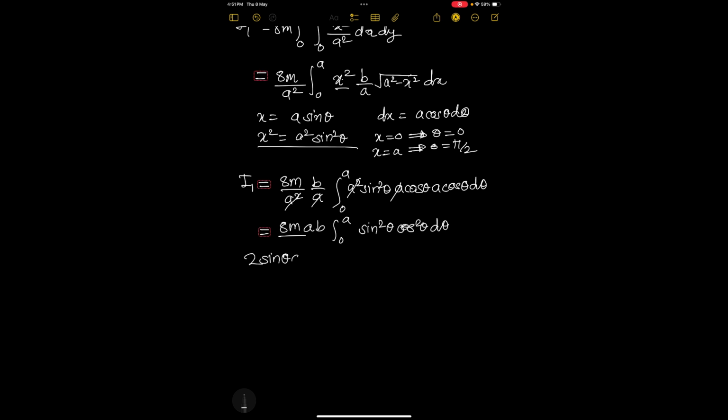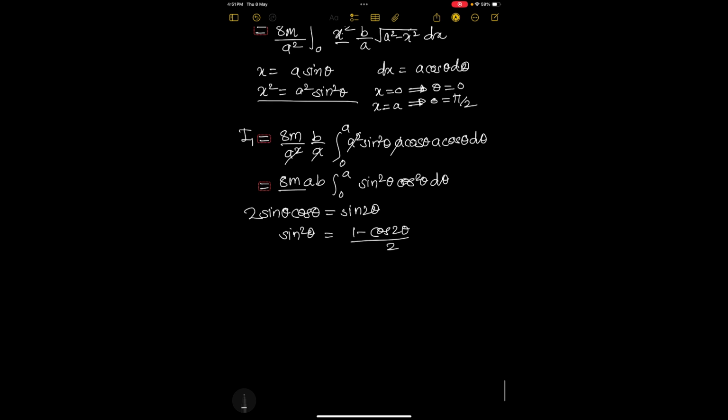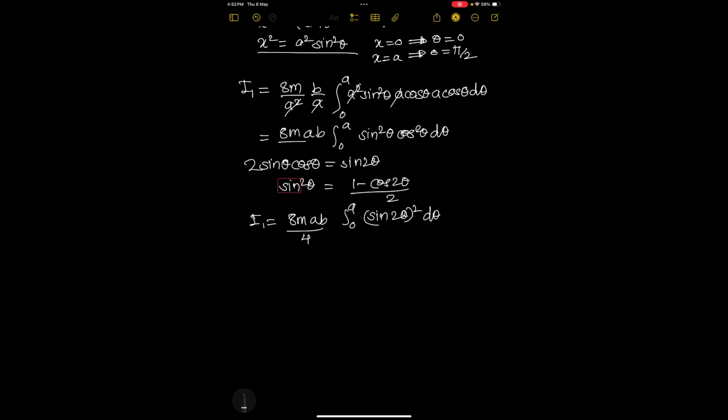We know 2 sin theta cos theta is equal to sin 2 theta, and sin square theta is equal to 1 minus cos 2 theta divided by 2. So I1 becomes 8m ab, 0 to a, sin square 2 theta divided by 4 d theta.